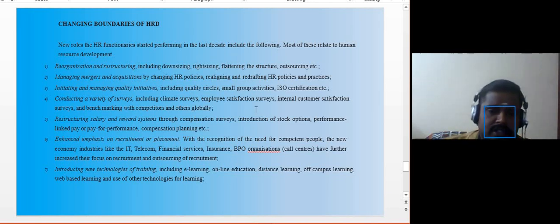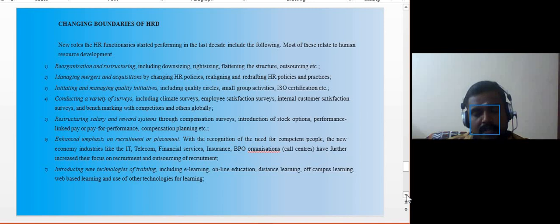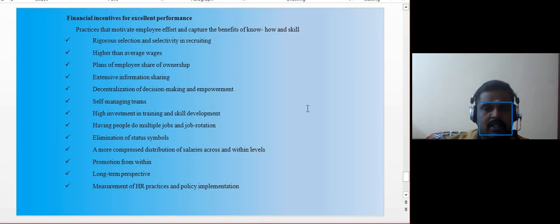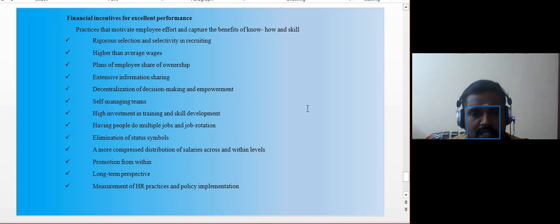So introducing new technologies for training completely talks about the e-training program. Nowadays, a number of e-learning platforms are available, online education is available, distance learning is available, off-campus learning is available, and all the technologies for learning. Financial incentives for excellent performance. Whatever it is, we must encourage the human being to the next level.